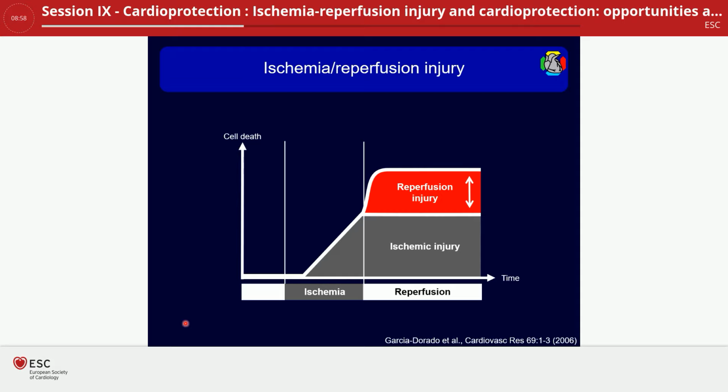And the only way to stop ischemic cell death is just stopping ischemia, reperfuse. But then, on top of the ischemic damage that has occurred, there is a separate additional component of injury that is also killing cells, that is contributing to cell death, that is the red part, the reperfusion injury. And so the final damage to the myocardium is a composite of ischemic damage that you can terminate by reperfusion, and reperfusion injury that you buy with reperfusing the myocardium.